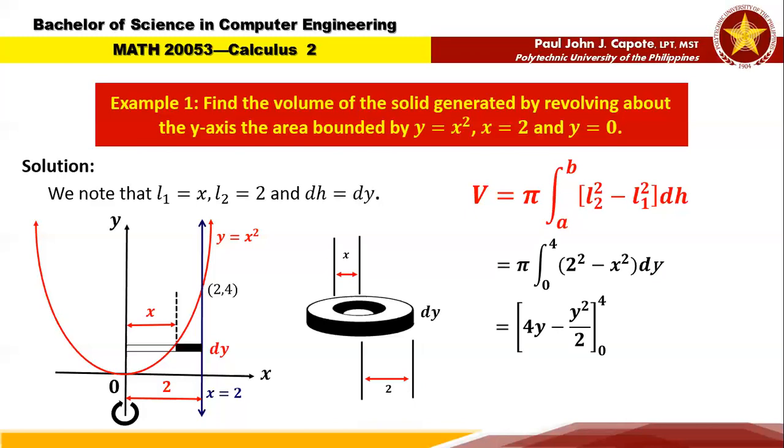We are to integrate this with respect to y. We get 4y minus y squared over 2. And then evaluate this integral from 0 to 4. And then the volume is equal to 8 pi, or approximately 25 cubic units.